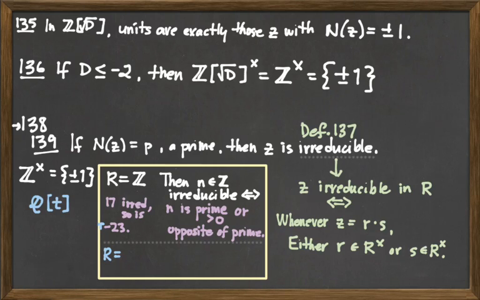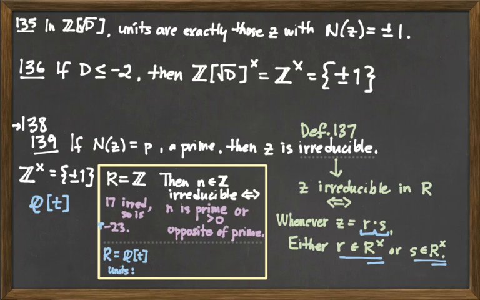So if R is that ring, the ring of polynomials having rational coefficients, then what are the units going to be? What polynomials satisfy the property written over here on the right, that if I were to write that polynomial as the product of two polynomials, one or the other of those has to be a unit? Well, we can't understand irreducibility till we understand what the units are.